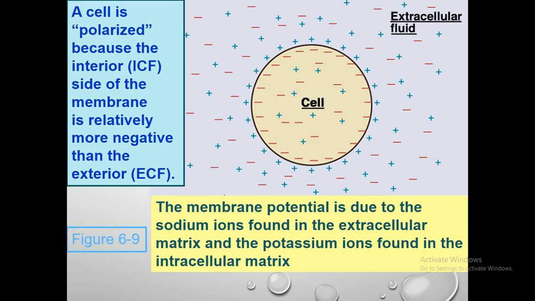Okay, now let's see here. As we know, one is extracellular fluid, the second one is intracellular fluid. The fluid that is present outside the cell is extracellular, while intracellular fluid is present inside the cell. Now look at this, this is the cell.